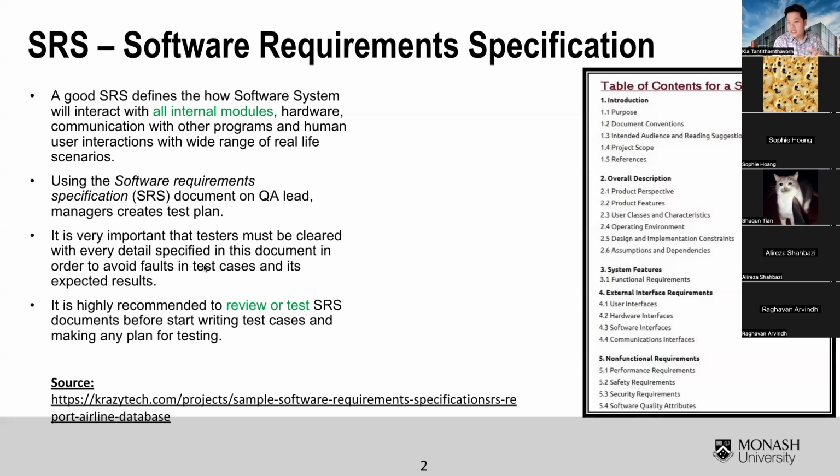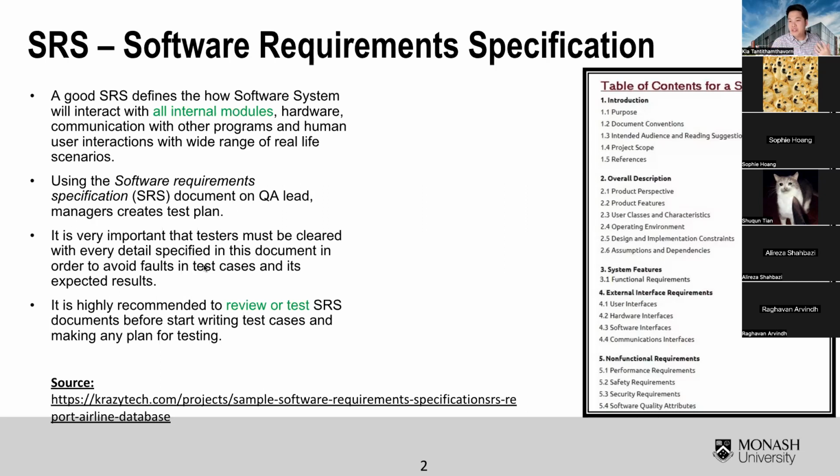And design and implementation constraints. For example, would the mobile banking application only fit mobile screen size, or tablet screen size as well, right? So whether it is cross-device compatible or not.